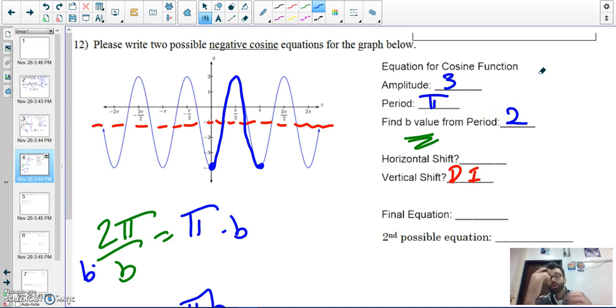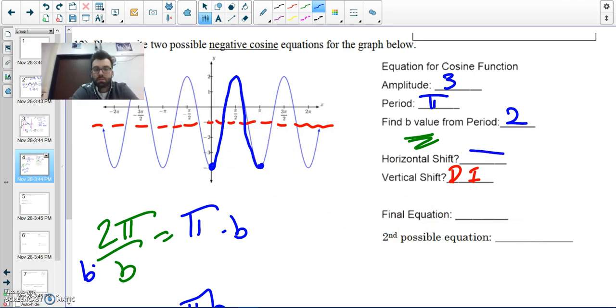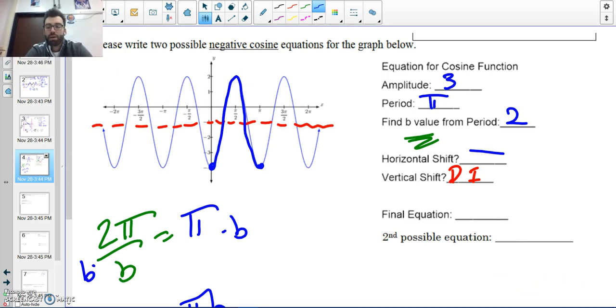Horizontal shift. I'm looking at this blue graph. I don't shift at all. So my first possible answer is y equals -3 cosine of 2x, minus 1.